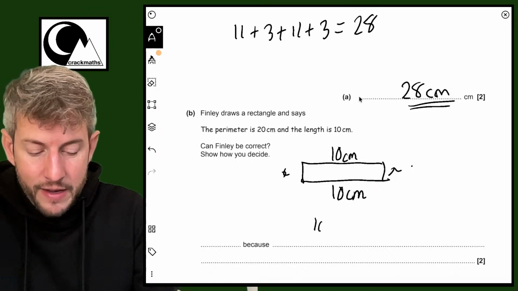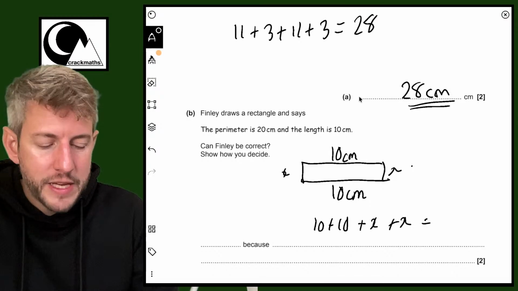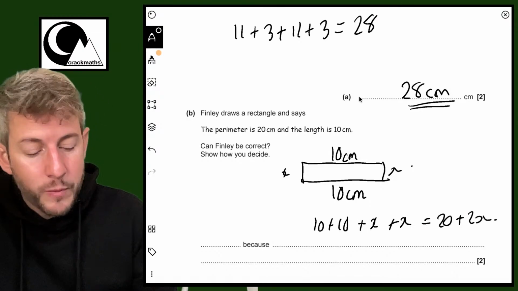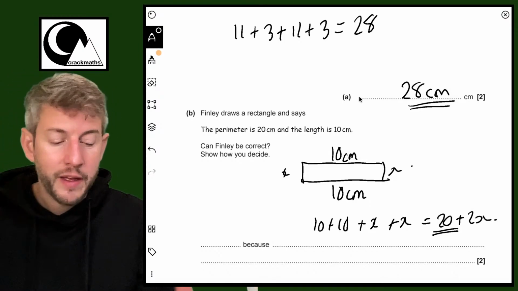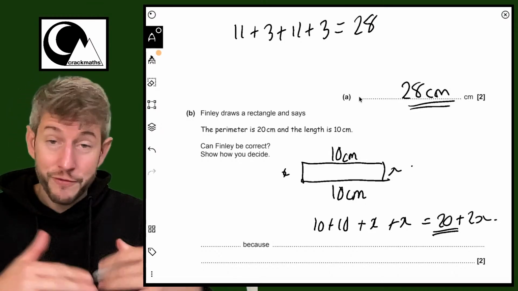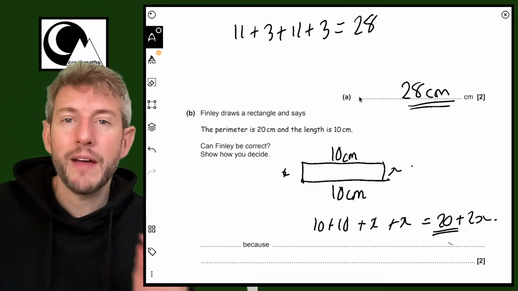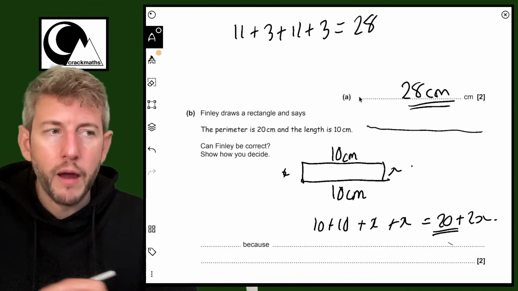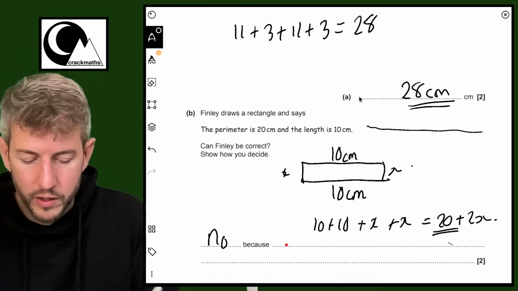So that would be 10 add 10 add x, and that would equal 20 add 2x, which means we're already at 20, so it won't work. The only way this would work is if the width was 0, and then we wouldn't call it a rectangle, we would just call it a line.